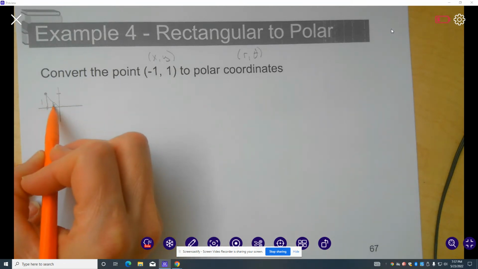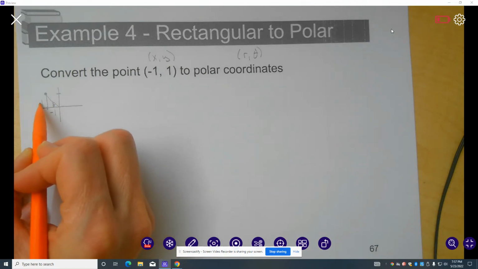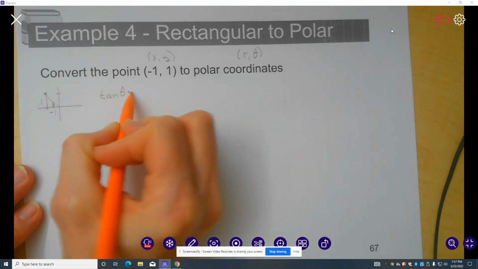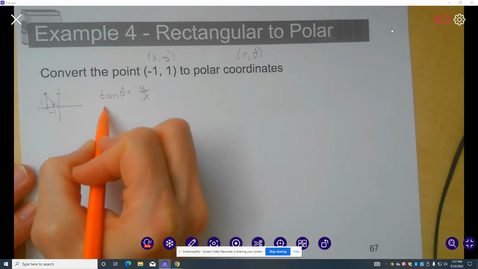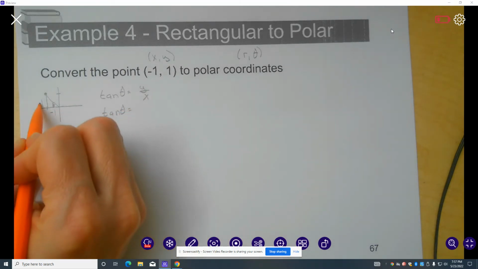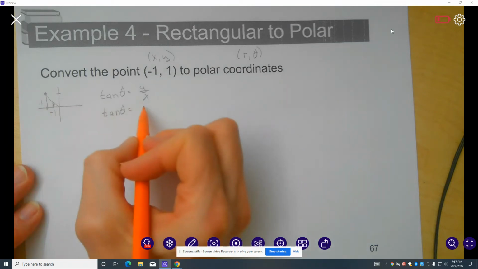So if I want to find theta, I'm going to remind myself that the tangent of theta is opposite over adjacent, or the tangent of theta is equal to y over x. So the tangent of theta is equal to y, which is 1, over -1.